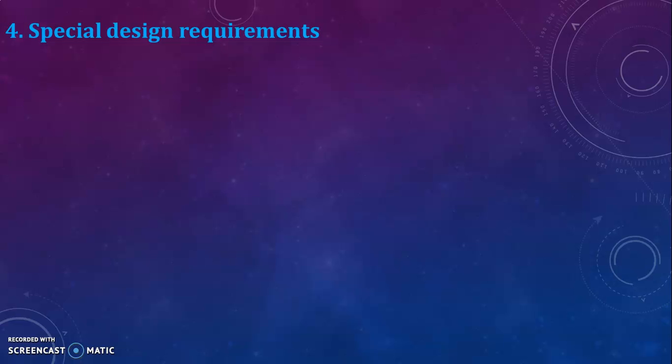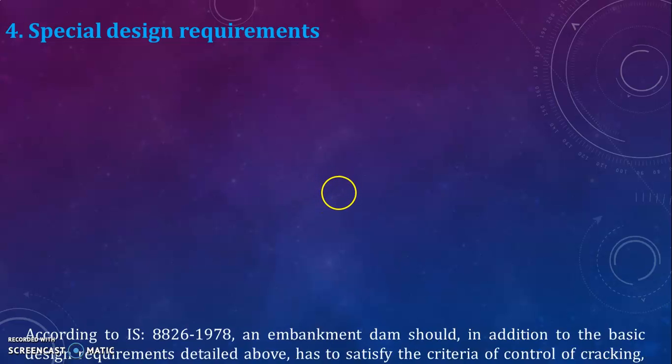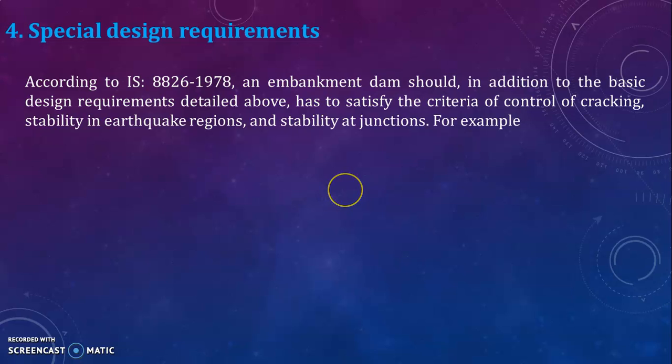The next one is special design requirements. According to IS 8826-1978, an embankment dam should, in addition to the basic design requirements detailed above, satisfy the criteria of control of cracking, stability in earthquake regions, and stability at junctions.